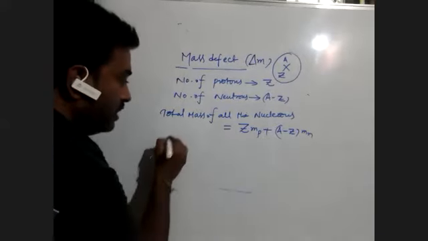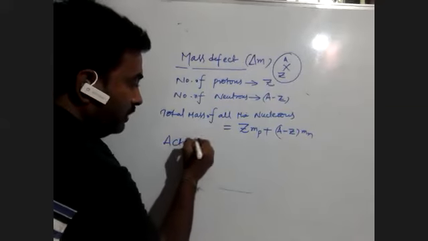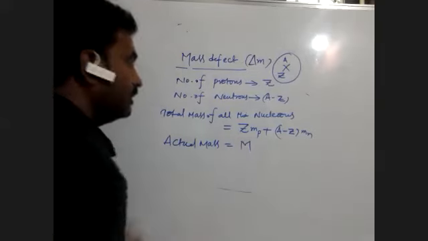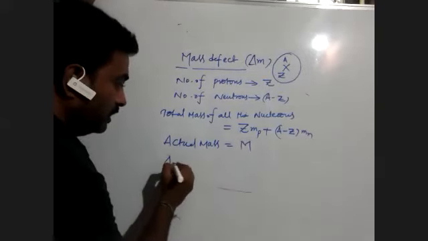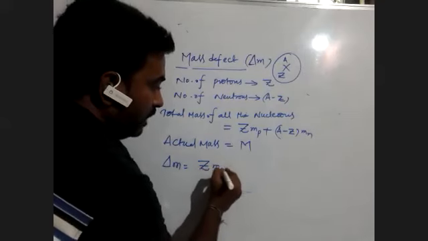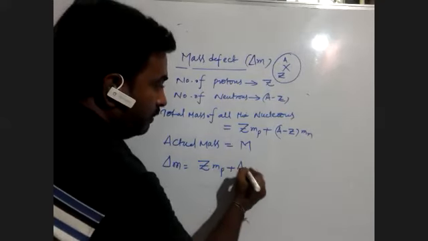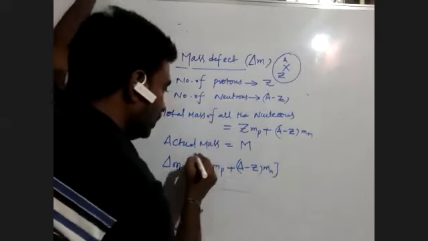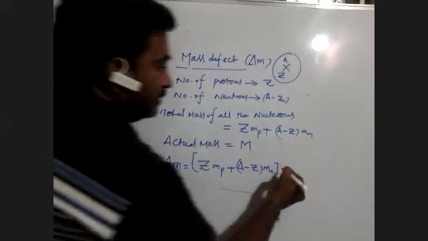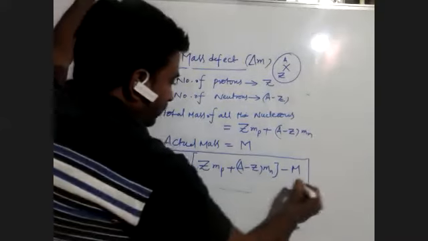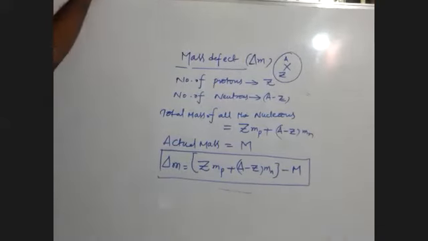Next, if the actual mass of the nucleus is capital M, then mass defect delta M is equal to Z into mp plus A minus Z into mn, minus M. This is total mass of nucleons minus actual mass. So this is the formula for mass defect.